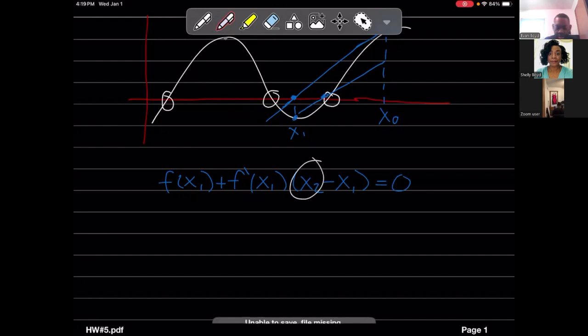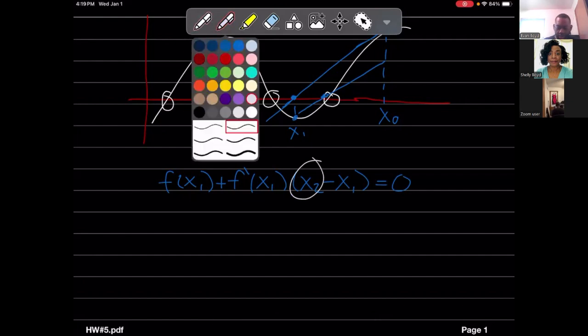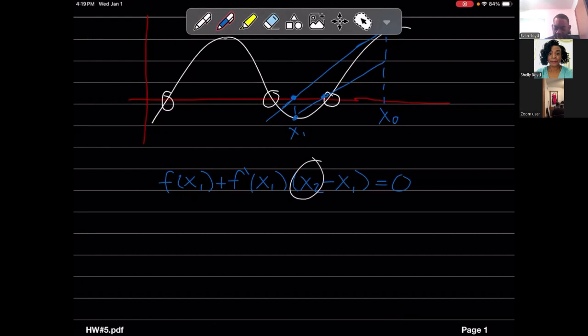So x2 in this case... if we go back to our diagram, I'll finish it out. We have the root that we found, and then we have our new slope here. This slope will give our new x2. So our x2 is just the next point from our guess.